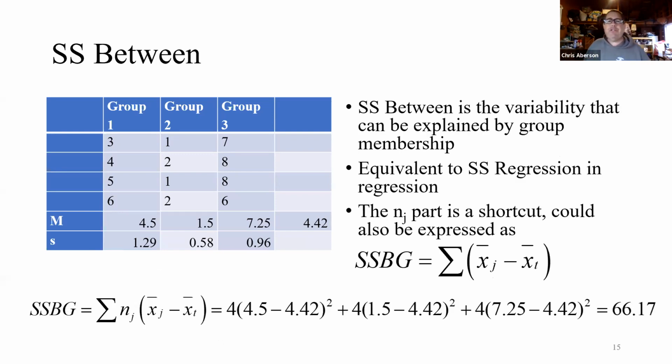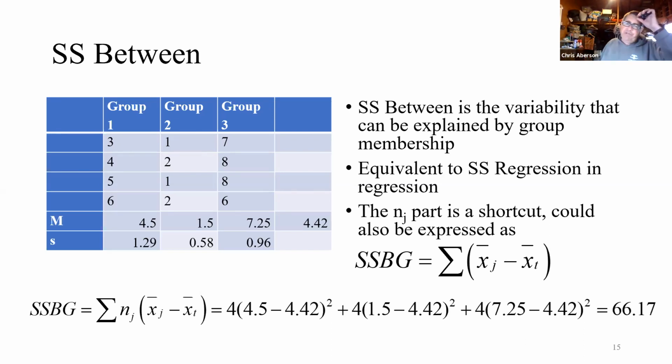All right, sums of square between. This is what can be explained by group membership. That is, knowing somebody's in one group over another can tell you something about where they tend to score. If you knew somebody was in group 1, for example, you'd know that they would tend to score around 4.5. If they were in group 2, they'd probably be pretty close to 1.5. Group 3, they'd be somewhere over around 7.25. You can see the calculation here.